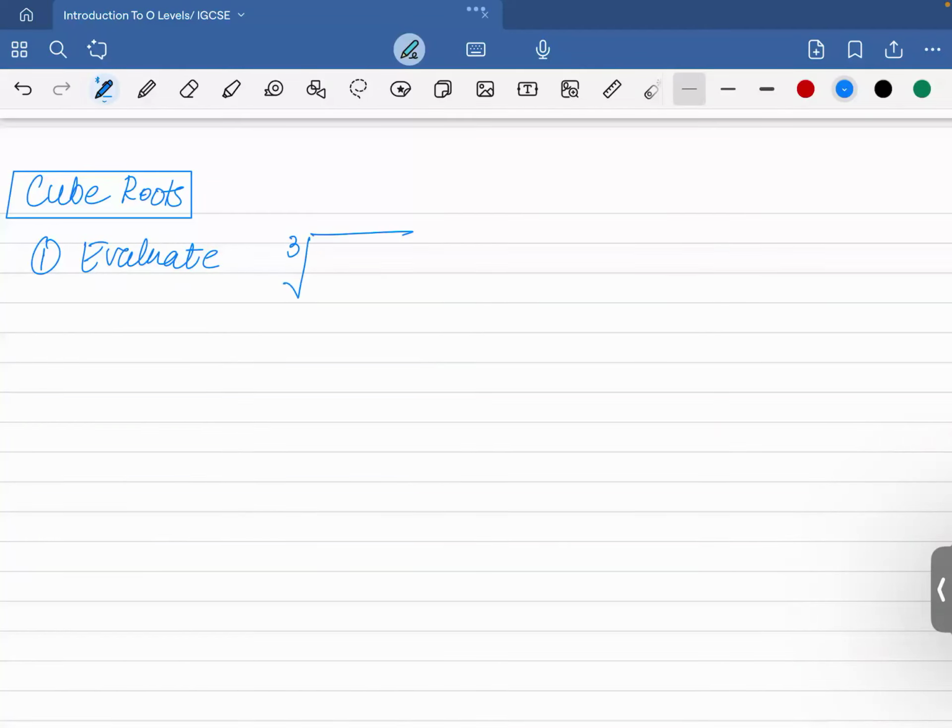Okay, cube root of 2744. Agree? Yes, sir. The examiner is saying calculate the cube root of 2744, and remember that it is written here evaluate, we need to calculate, and it can be done by prime factorization. And we know that another method is the calculator.